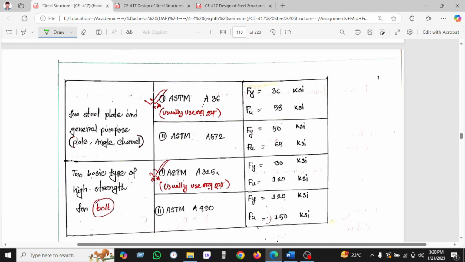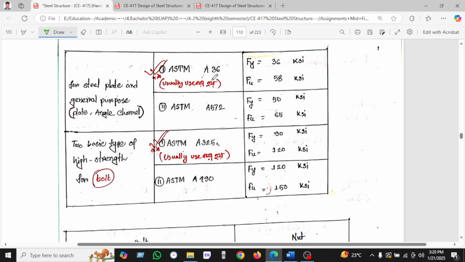So let's see here some ASTM grades: ASTM A36 and A325. A36 means Fy equal to 36 and Fu equal to 58, and A325 has Fy equal to 90 and Fu equal to 120. ASTM A572 grade 50 has Fy 50 and Fu equal to 65.